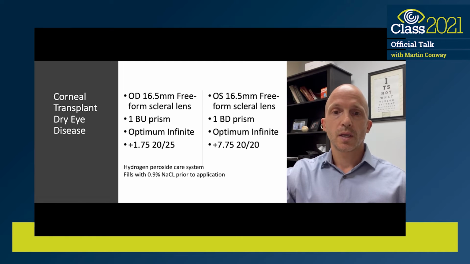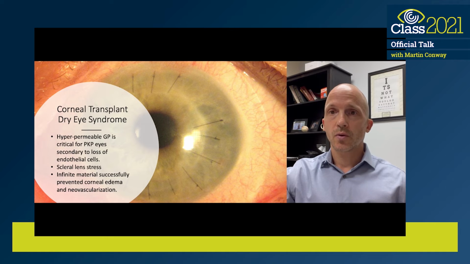For a patient with corneal transplant, it is critical that we fit a scleral contact lens using a hyperpermeable gas perm lens material that maximizes oxygen. Patients with full thickness corneal transplants are at greater risk for neovascularization or corneal edema because they often have reduced endothelial cell counts.